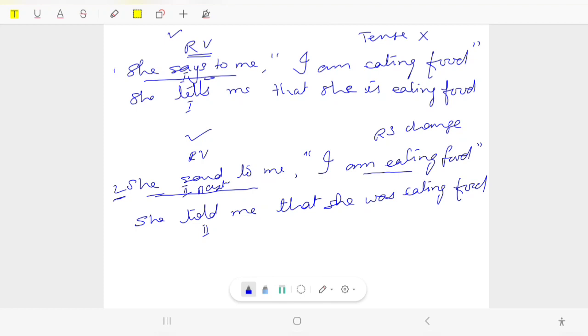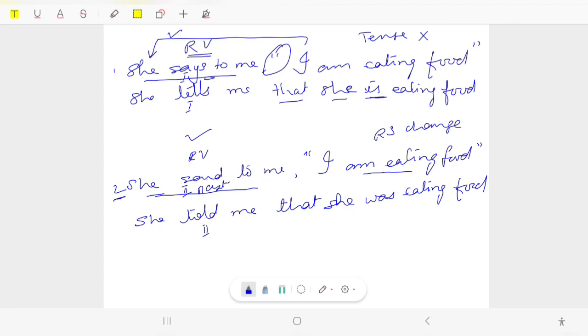So we observe the difference. Here it is in present tense, so we didn't change the tense here. She says became tells me, inverted comma removed, and at that place I have written that. It is first person, so according to the subject it became she. Since it is third person singular, with third person singular we write is here. So I am, but here she is eating food as it is. But if we see example number 2, you will observe that here it is second form, meaning past tense.